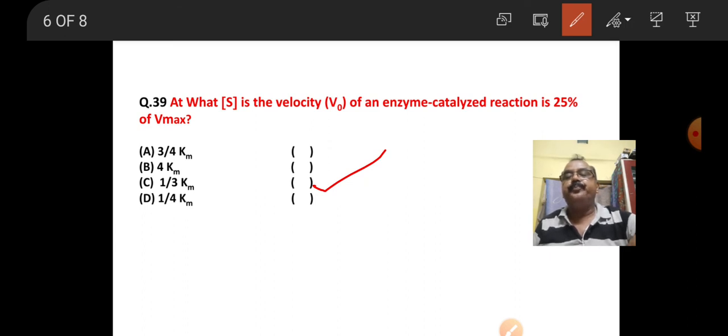If we put 1/4 of the Vmax at V0, then we will find the value, that is 1/3 of Km, after solving the Michaelis-Menten equation. Hence, here the answer C is the right answer.